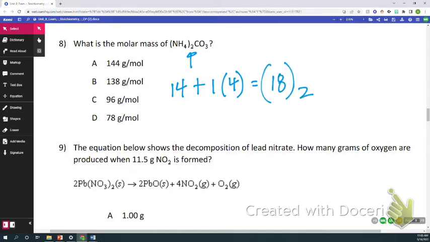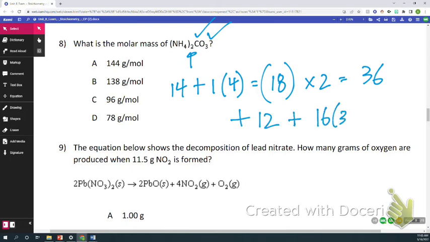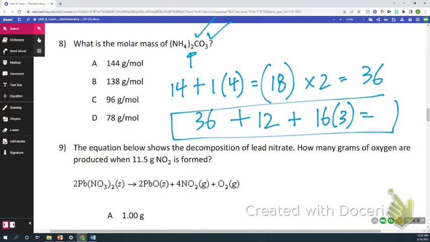But there's a 2 outside. So I'm going to multiply it by 2. So that's 36. Plus, I have a carbon and 3 oxygen. Carbon is 12, plus oxygen is 16 times 3. 36 plus all that. So you just add everything step by step, right?